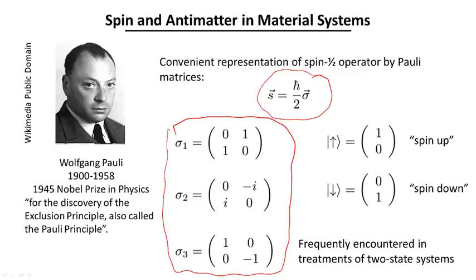And now, with this necessarily two-dimensional representation, we basically have a 2x2 basis that describes the spin states. In this basis, we identify this basis vector as spin up, and this is spin down.